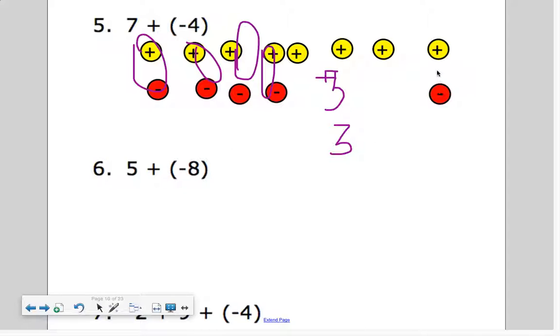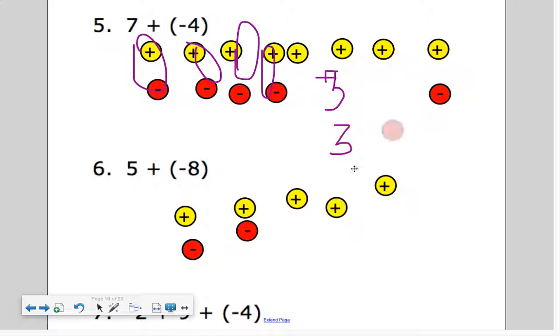Next one. I have 5 positives. 1, 2, 3, 4, 5. And I'm going to mix it with, or put it together with, or add it to, 8 negatives. 5, 6, 7, 8.